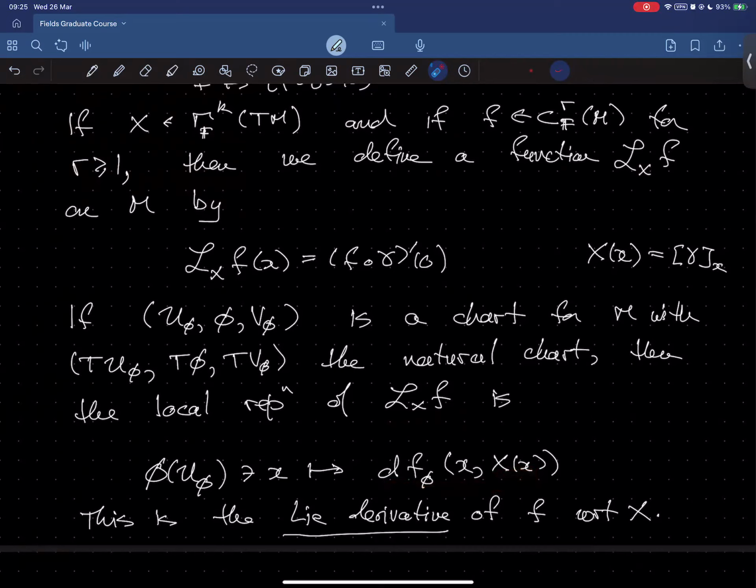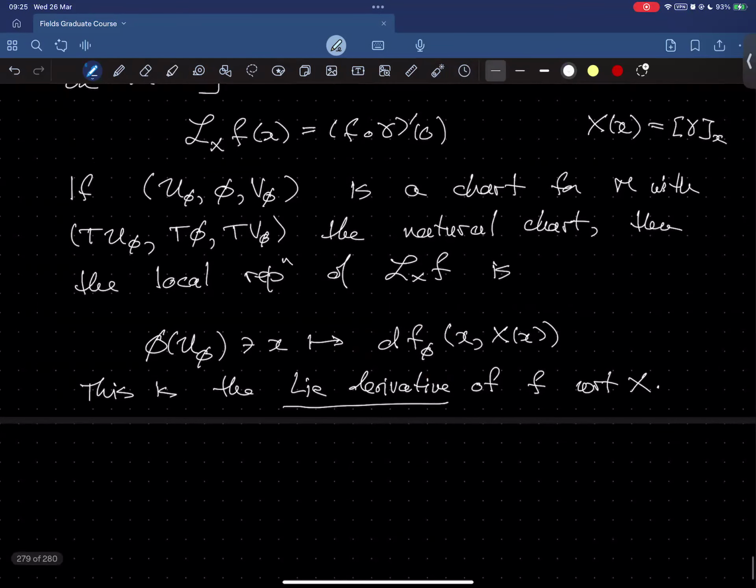And if the function f is C^k, this is C^(r-1), so the regularity will be the minimum of r-1 and k.